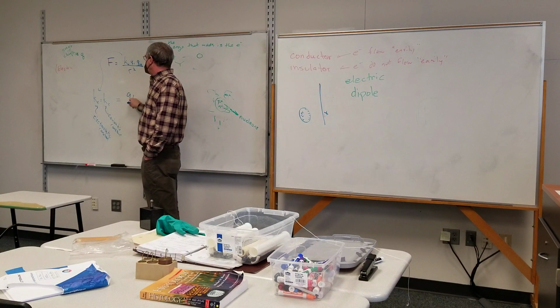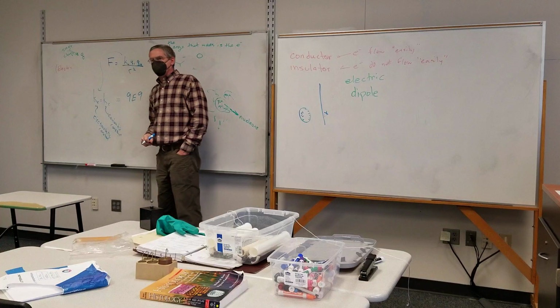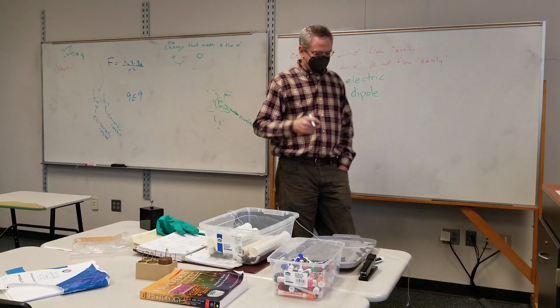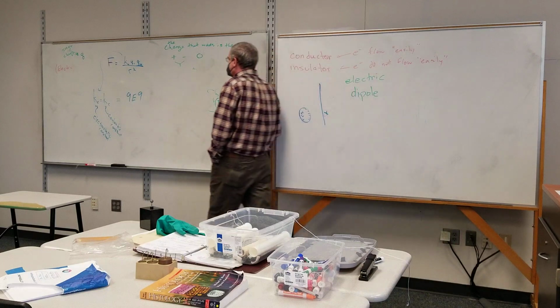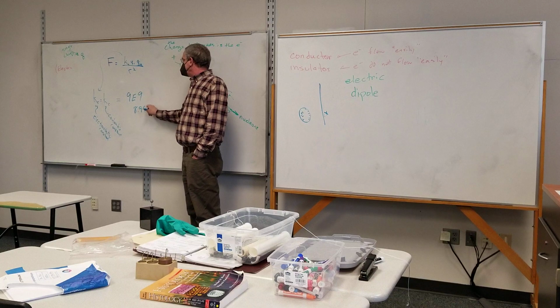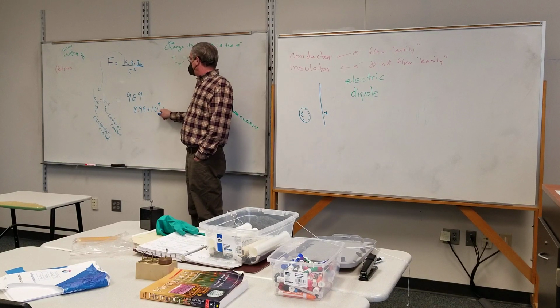In SI units, it rounds off to that. I'm writing 9E9 just as a way that you'll remember it a little bit better. 8.99 times 10 to the 9th Newton meter squared per Coulomb squared.